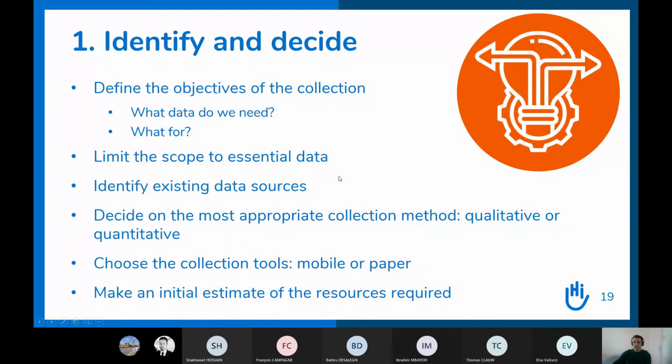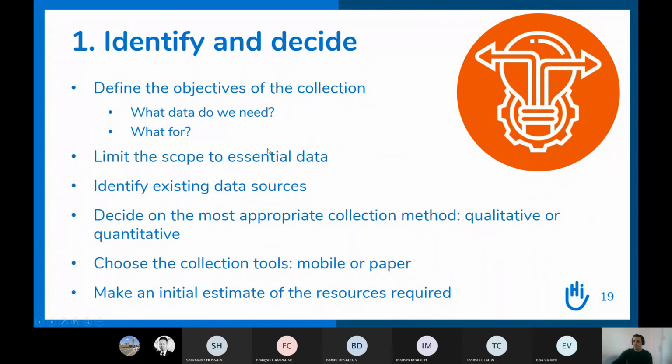Always, before going out on the field to collect data, check that it does not exist already. If it exists, just get it. Maybe it's not going to be what you wanted, and then you will still have to collect your data, but maybe it's going to answer all your needs, or at least 90% of your needs, and in this case maybe it's fine just to take that.